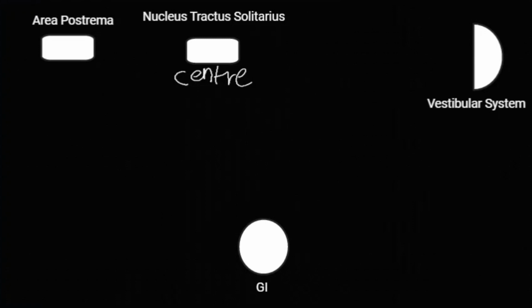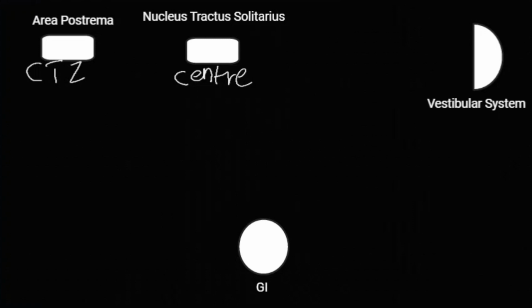The next thing we need to know is that this right here, the area postrema, is also known as the chemoreceptor trigger zone. Okay? So that's what this is. The vestibular system, as we already know, is in the ears, and the GI, we already know, is in the gut, essentially, the bowels and the stomach.